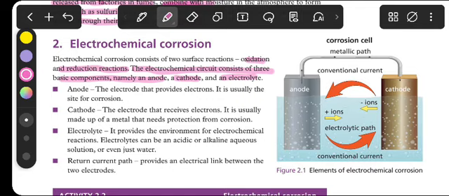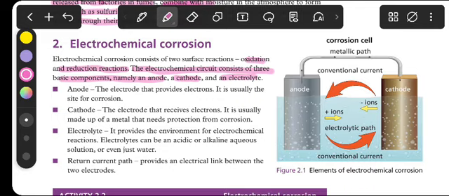They can ask you to name the components of electrochemical corrosion. What does electrochemical corrosion consist of? Name the surface reactions. Then you just tell them what the circuit consists of. They can ask what the electrochemical circuit consists of, or they can say name the components of the electrochemical circuit. Then you can name the components.